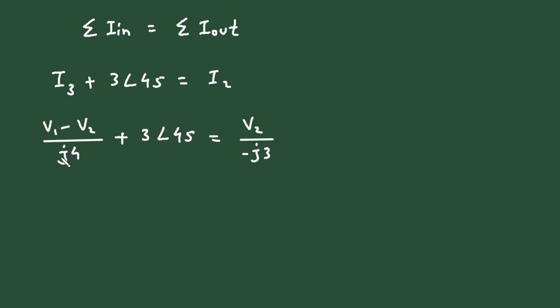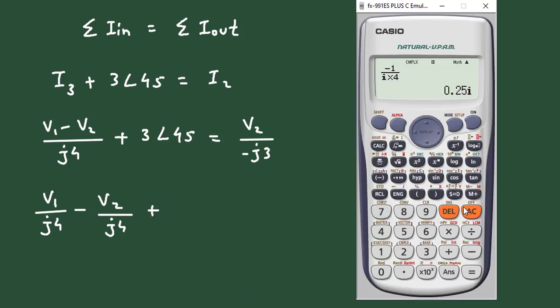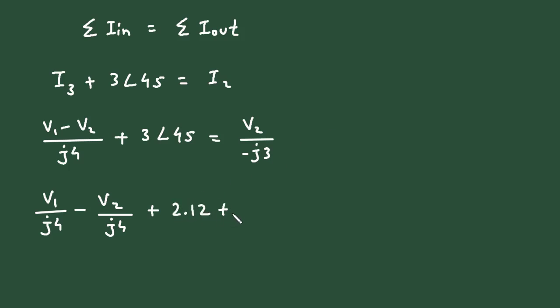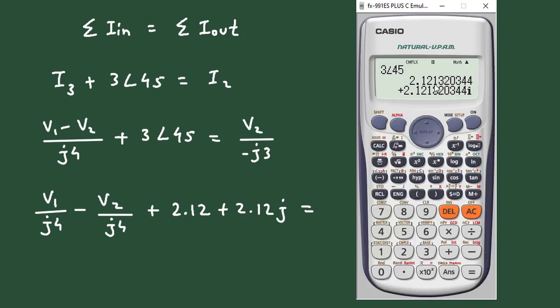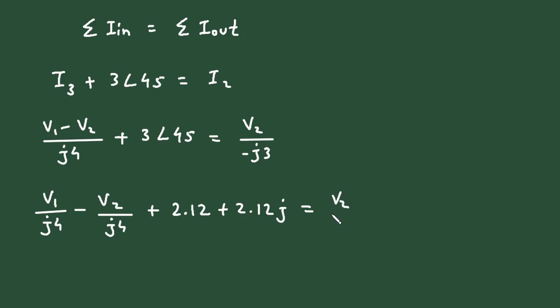So let's simplify this first. V1 divided by J4 minus V2 divided by J4, then plus 3 at an angle 45. So it is 2.12 plus 2.12 J is equal to V2 divided by minus J3.